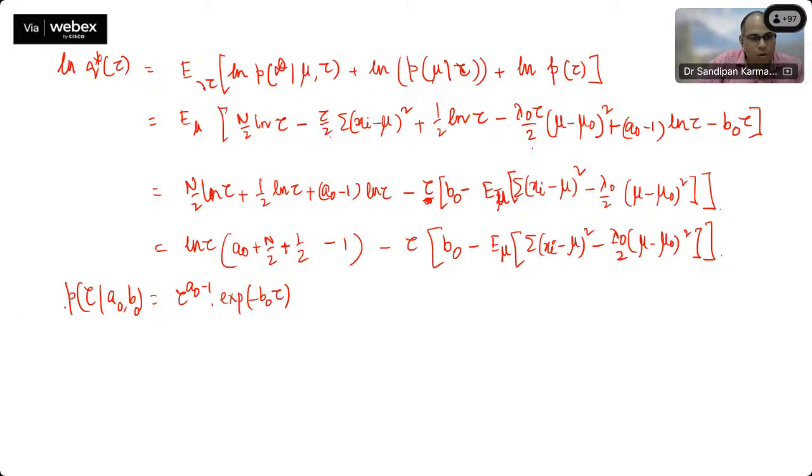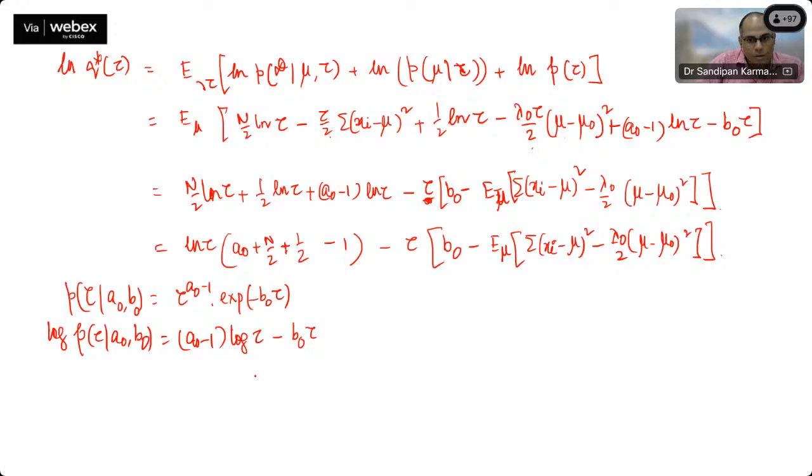If we take the log on both sides, log of p of tau given a naught comma b naught is a naught minus 1 multiplied by log of tau, minus b naught tau.